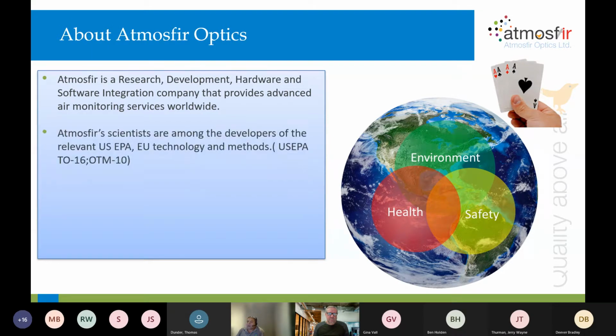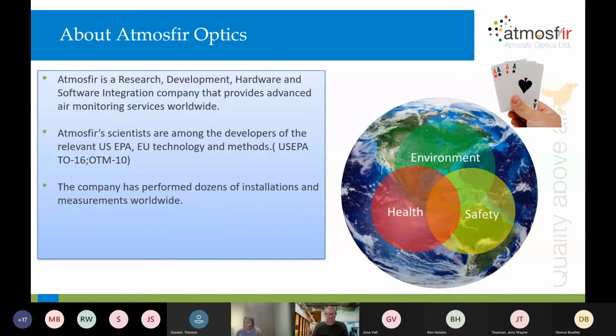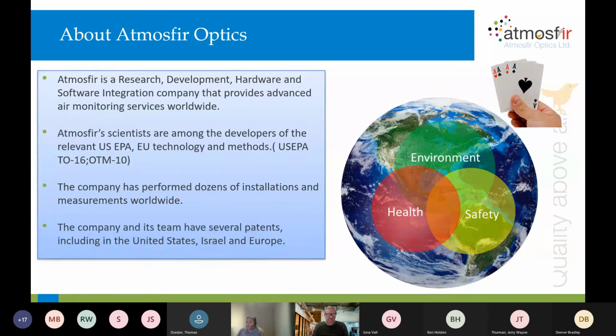I am lucky because some of our scientists actually wrote the US EPA method, and the European and Israeli methods. We did dozens of projects all over the world, and we're going to see a few of them in this presentation and next week. The company and the teams hold several patents, including in the United States, Israel, and Europe.